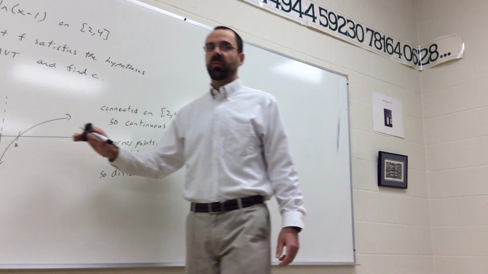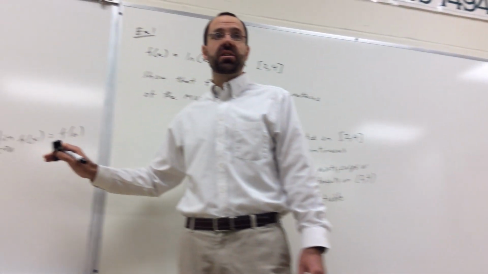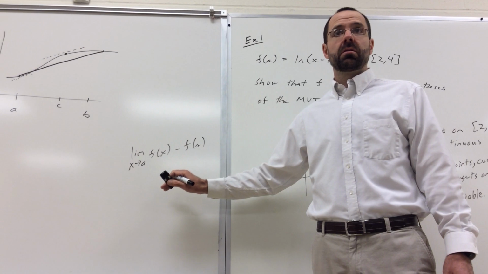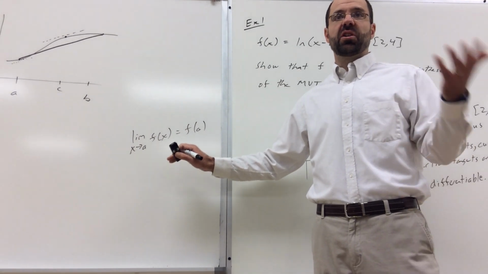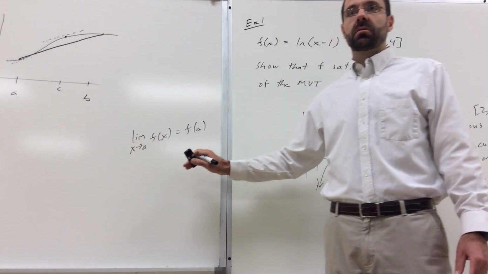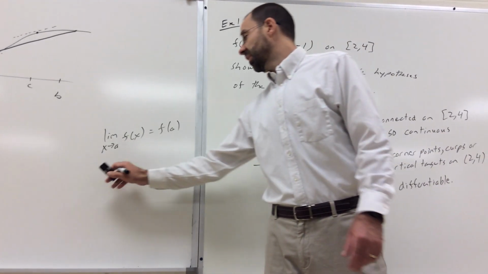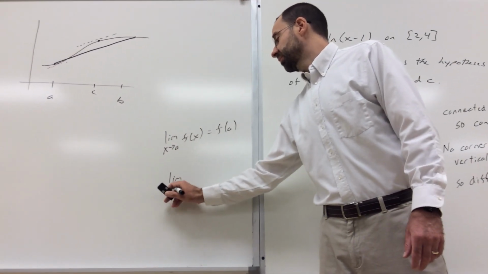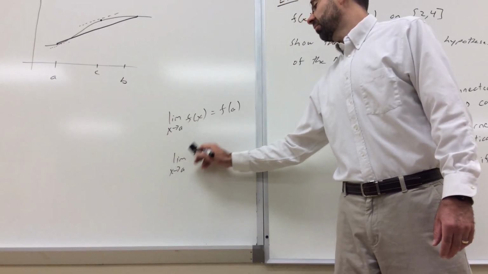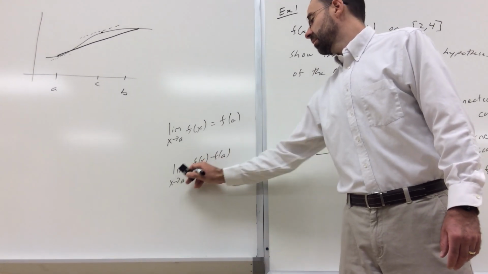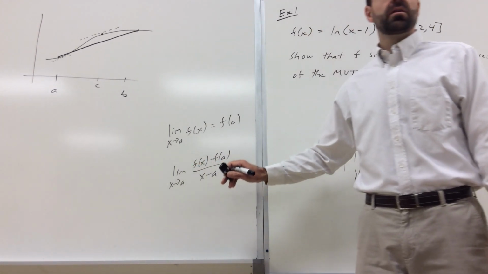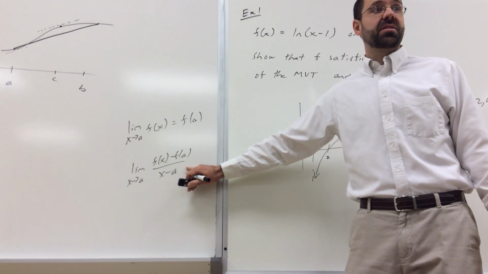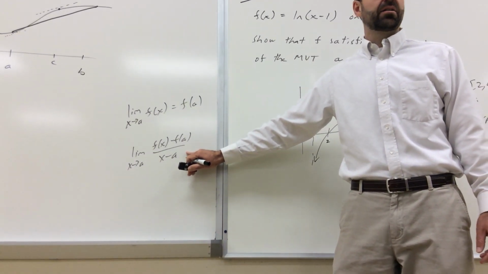But let's remember, how do we show that something's differentiable at a, if we wanted to do it officially? Take the limit as x goes to a of f of x minus f of a all over x minus a, right? And if that limit exists, then it's differentiable at a.